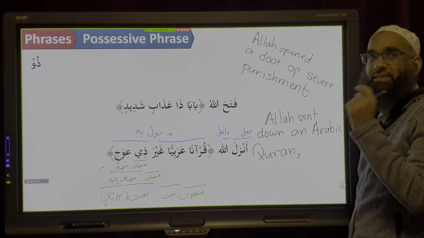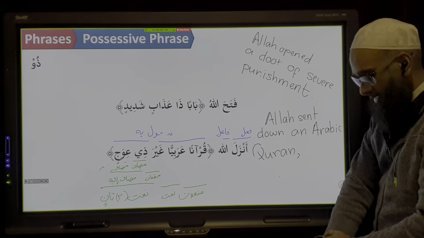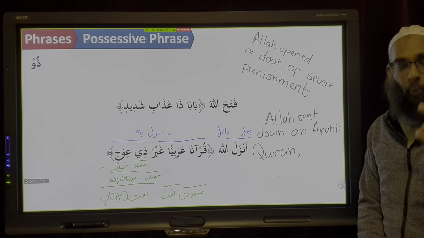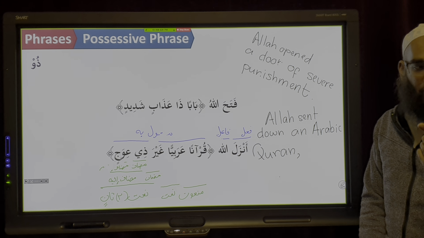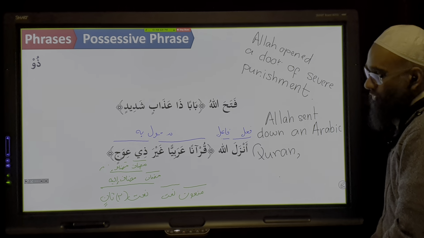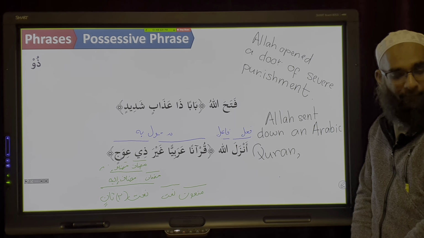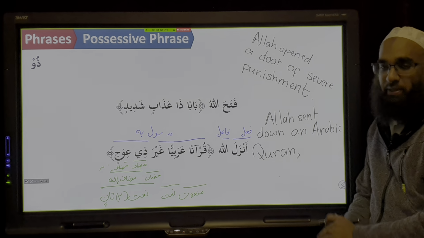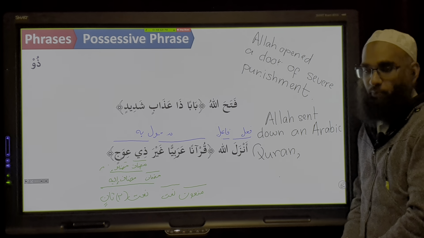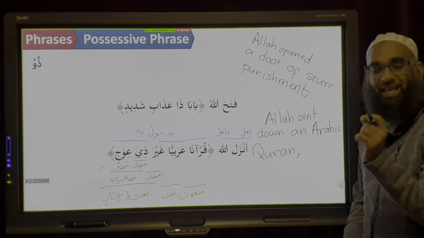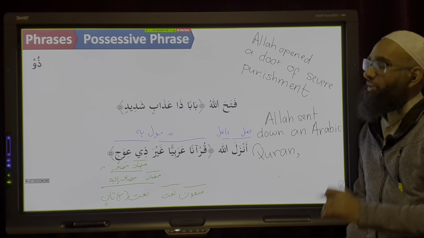So ghayra, how do you translate ghayra? If ghayra is followed by an adjective, it gives the opposite meaning. Followed by a noun, it gives a meaning of other than. So iwaj means crookedness. What does the iwaj on its own mean? Possessing crookedness. It has crookedness.